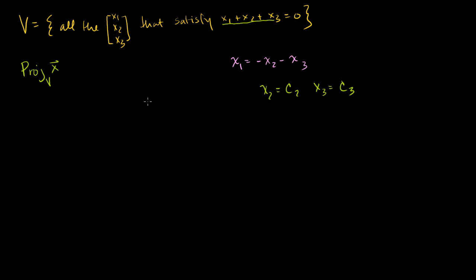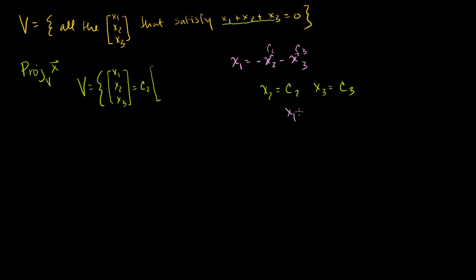Then we can rewrite V. V is equal to the set of all x1s, x2s, and x3s that are equal to c2 times something plus c3 times something.